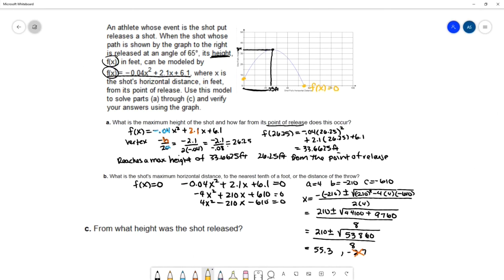But we can figure out exactly what that number is by letting the horizontal distance be 0. If we do the calculation f of 0, this is going to give us the original height. That's negative 0.04 times 0 squared plus 2.1 times 0 plus 6.1, and we end up getting 6.1 feet as the original height of that shot.